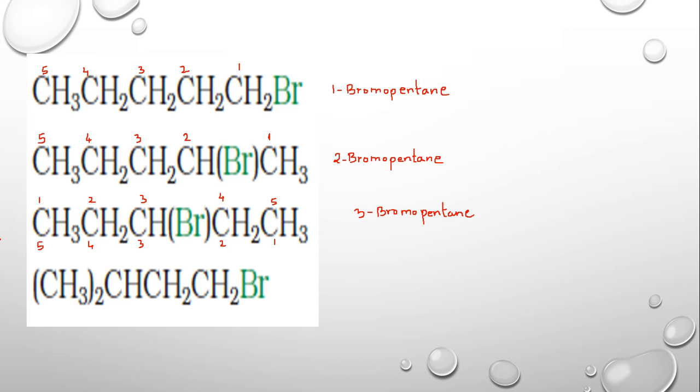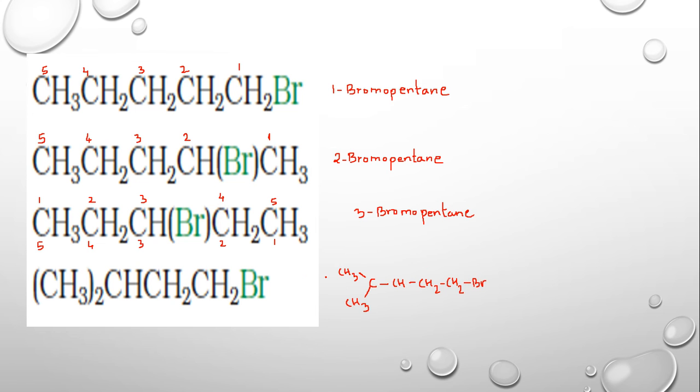Come to next example, last example from the slide. So over here it is written CH3 twice CH. So write down the structure, split the structure. So it is CH3, CH3, CH, CH2, CH2, Br.